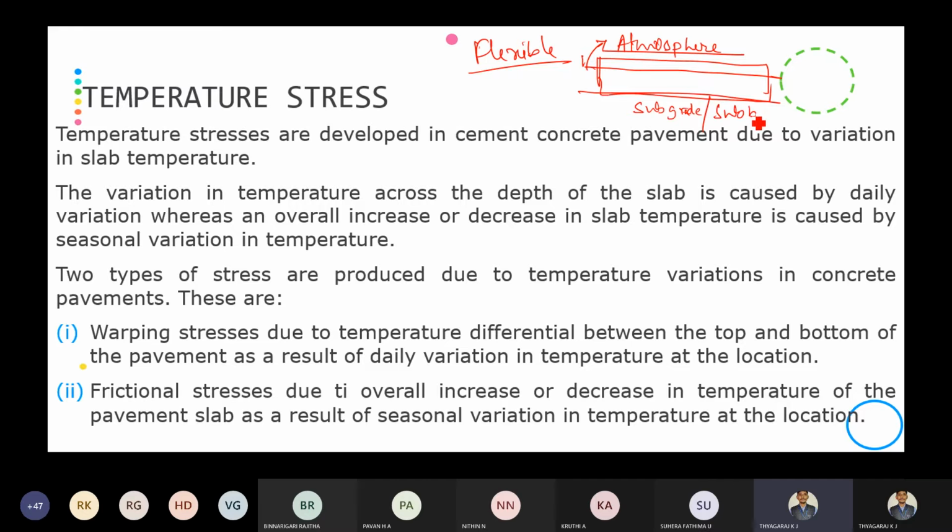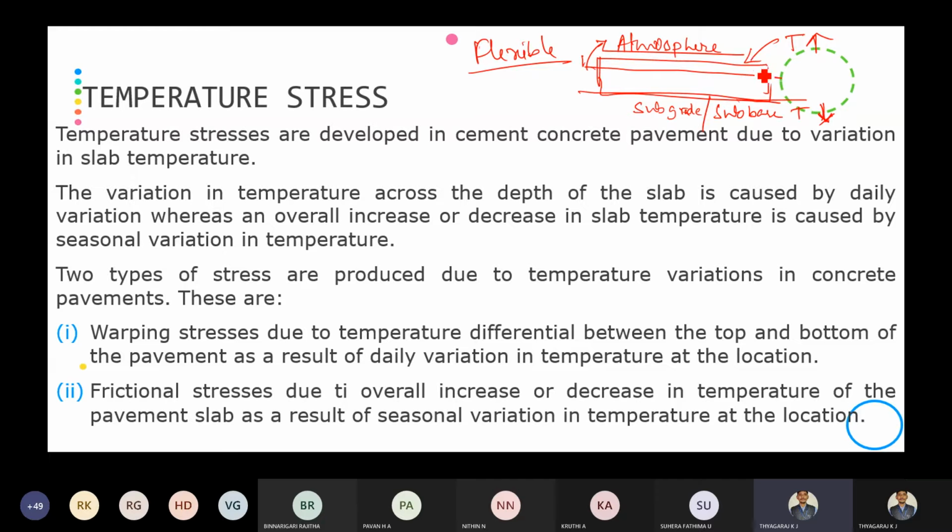When the surface comes in contact with the atmosphere, the sun, the temperature will be more at the top, and the bottom of the slab does not have any contact with the sun or atmosphere. The temperature will be very less at the bottom of the cement concrete slab.